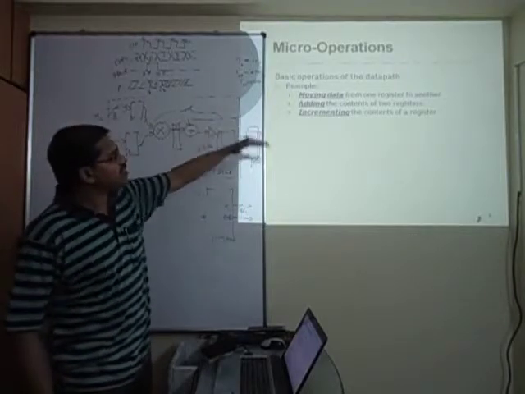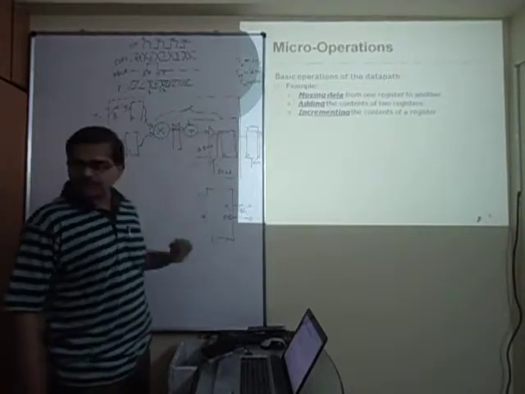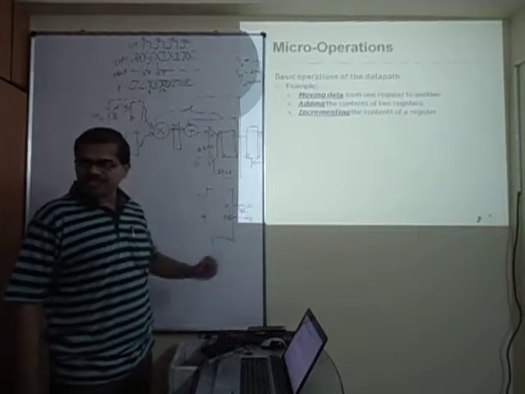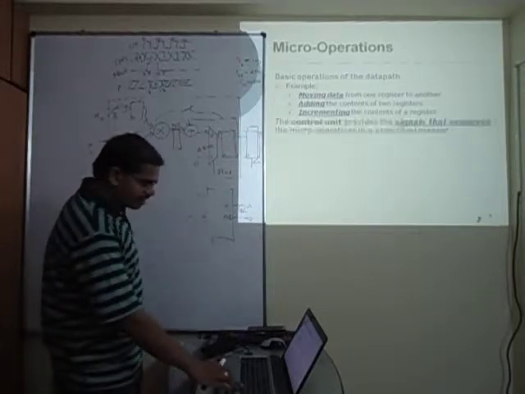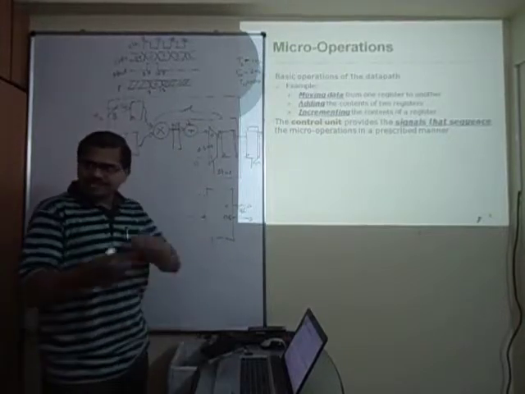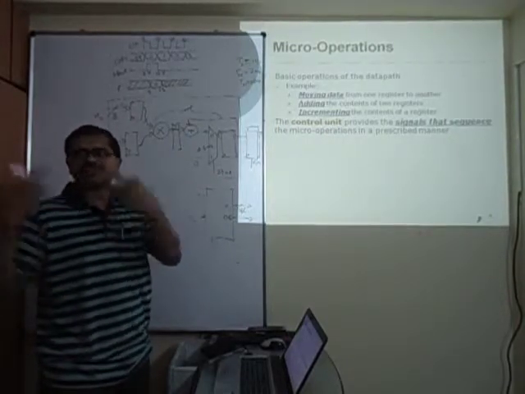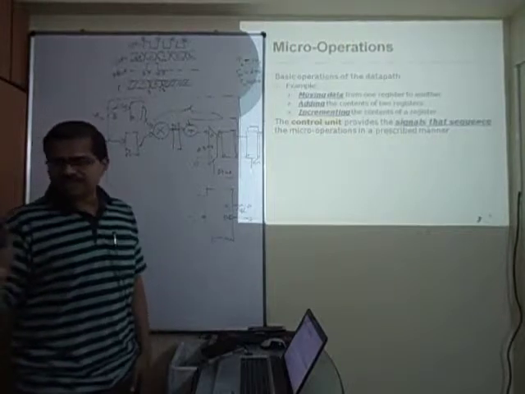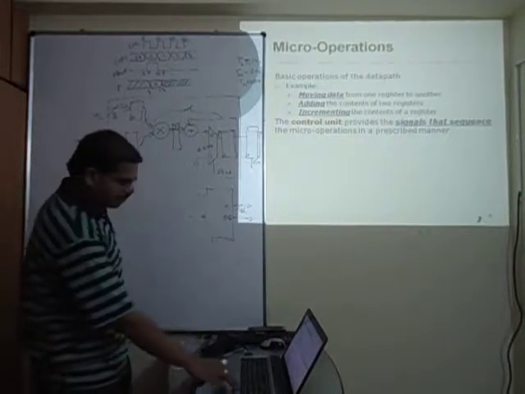Moving data could be one operation, adding could be one operation, incrementing could be one operation. Like that, they are all micro operations. So the control unit gives control signals to precisely control these micro operations to achieve your end assembly instruction functionality.